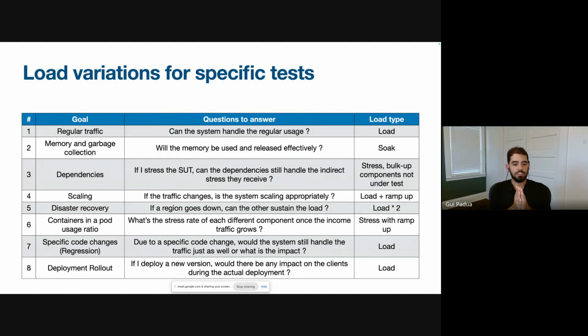The 7 is specific code changes. So this is the usual regression, right? Like we are used to this in unit tests and regular functional tests. But I think that performance needs to be included, that you do a code change, and you have automated tests that would run the performance test.